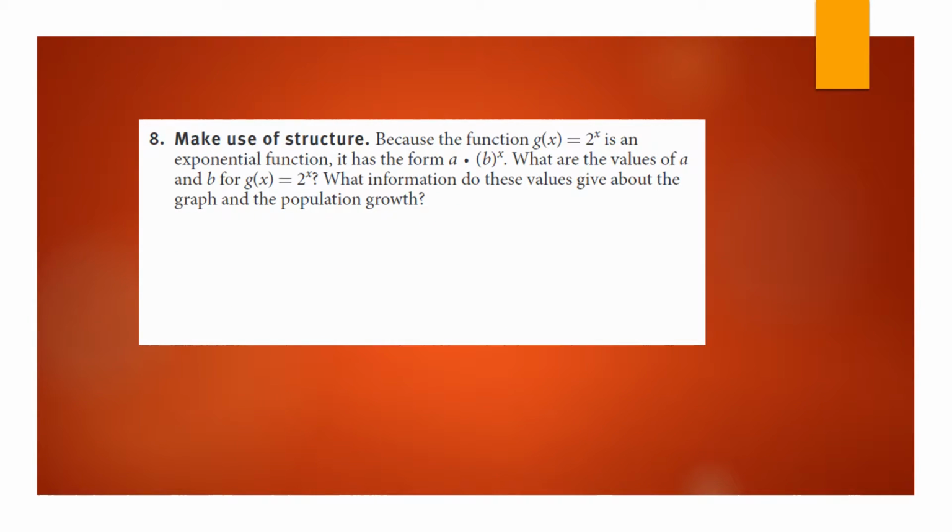So now we're going to go back to look at that form a times b to the x. Okay, so because the function g of x equals 2 to the x is an exponential function, it has the form a times b to the x power. What are the values of a and b for this particular function? Okay, remember it's in the form a times b to the x power. So try to answer it yourself.